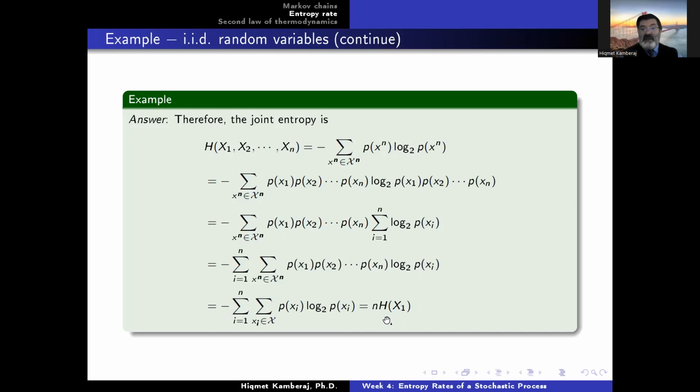Since all these random variables are IID, all p of xi's are the same, so also the H of Xi's. Then I can say that the sum for i from 1 to n of H of Xi is simply n times the entropy of one of the random variables, let's say X1. Then I get n H of X1.